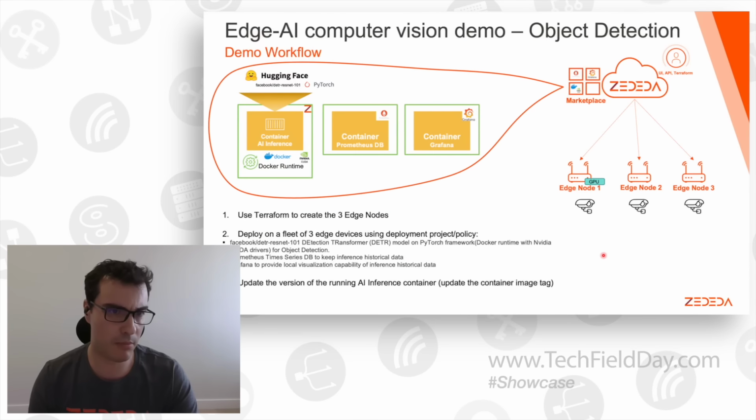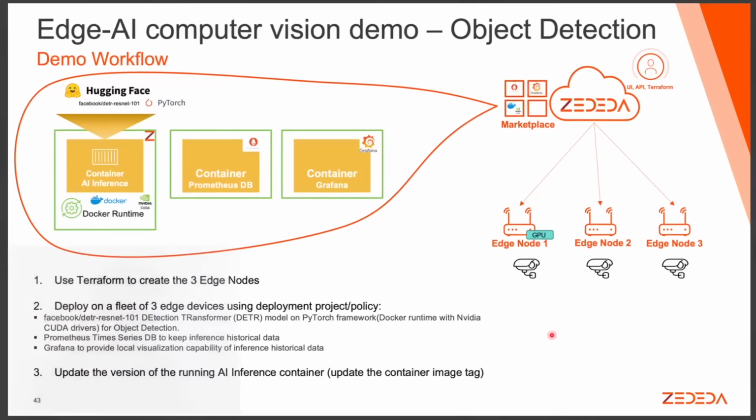So the demo workflow that we prepared here was essentially composed of 3 applications. First, the AI piece, the container that runs the AI inference pipeline together with the business logic. We're just doing a single container, so we didn't split this in 2. This one single inference container can run on a GPU or without a GPU.